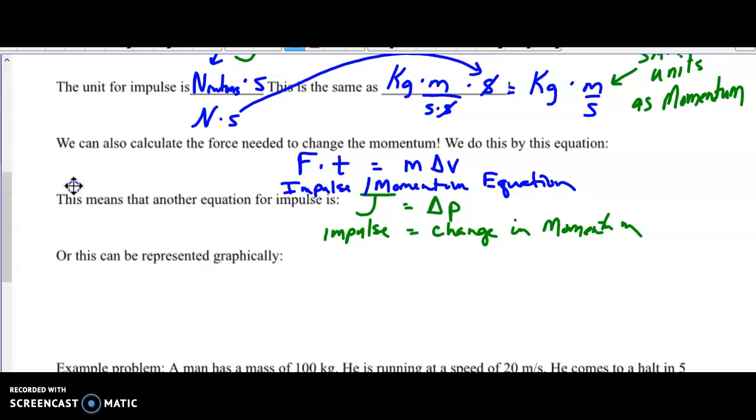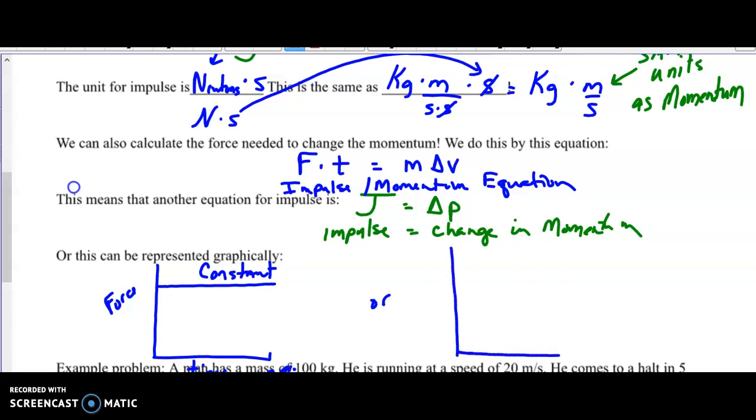So we can represent this graphically. I could do it two different ways because I could have two different instances. If I did the force over here and the time, I could have a constant force. So if something was pushing on something constantly for a period of time, I don't care what it is, 2 seconds. Or I could do something like this where the force is not constant.